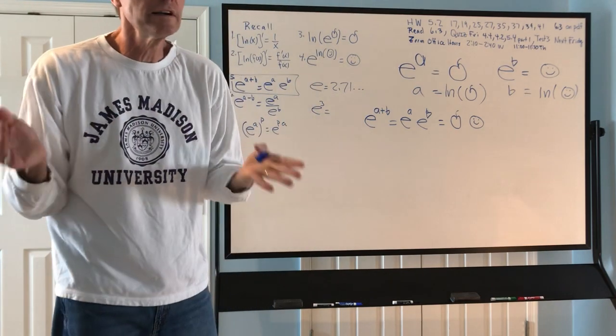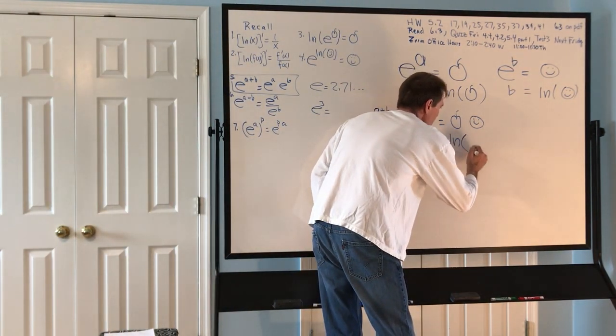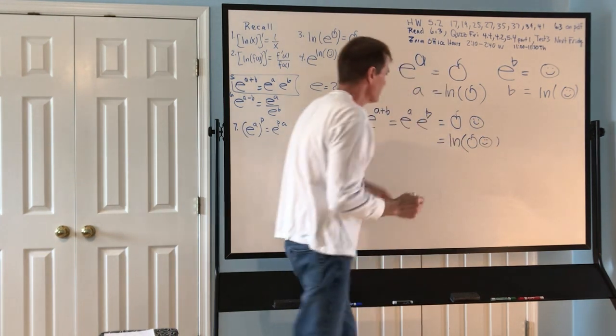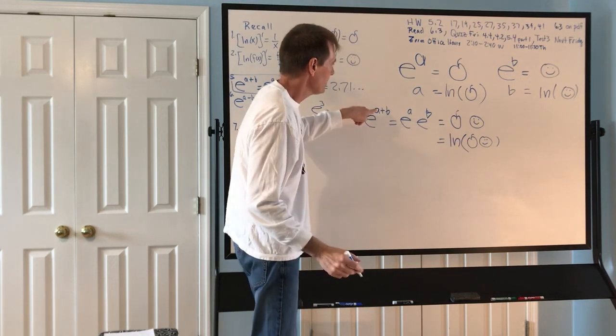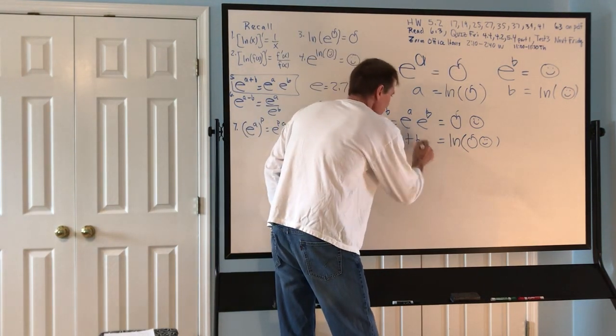Well, the natural log can undo that. So the natural log would send apple times smiley face all the way back, undoing what this did, to a plus b.